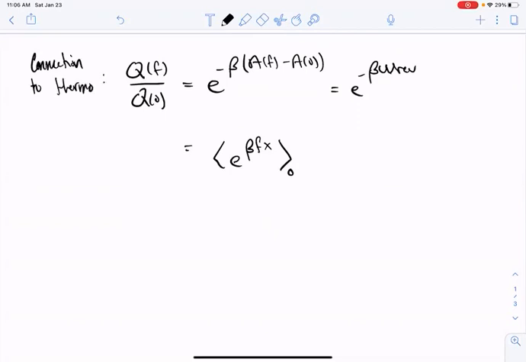So again, one of the phenomenal things about statistical mechanics is that it, in equilibrium, provides relationships between statistical objects, fluctuations, probabilities, and mechanical objects, the work to do a transformation.